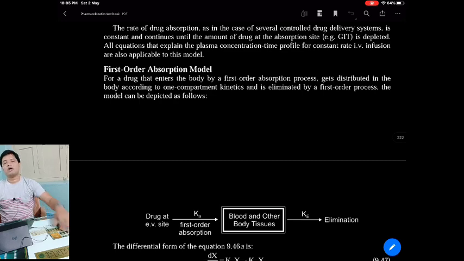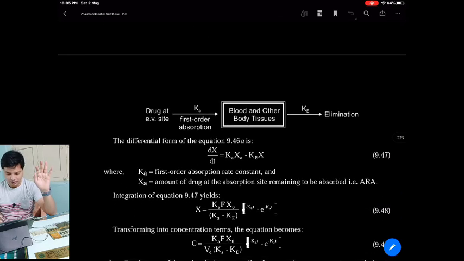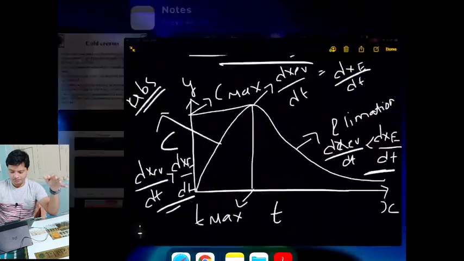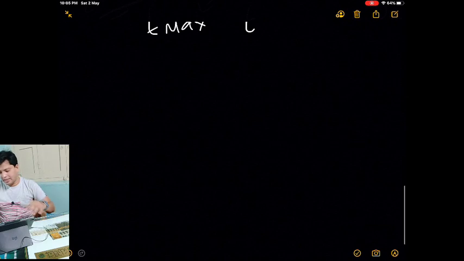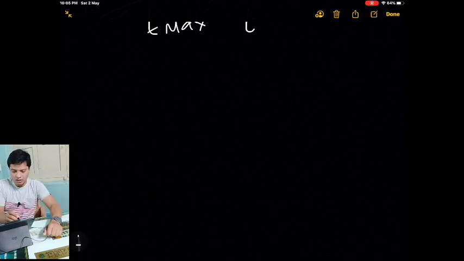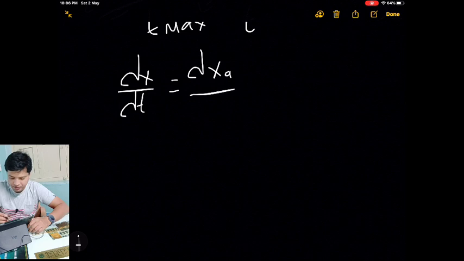Next we are going for absorption which is following first order kinetics. So that equation is being represented like this. Okay, first order kinetics absorption. So the basic equation in any compartment model is this one: rate of change of drug is equal to rate of absorption of drug.